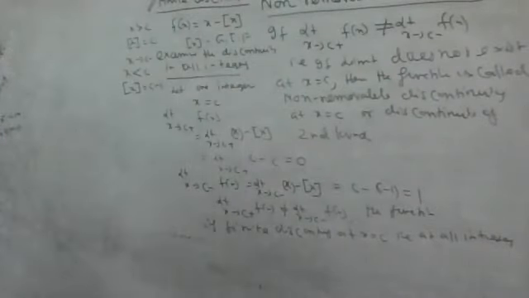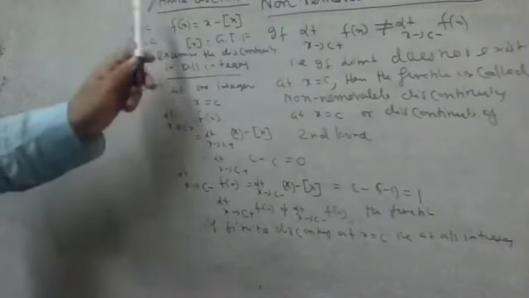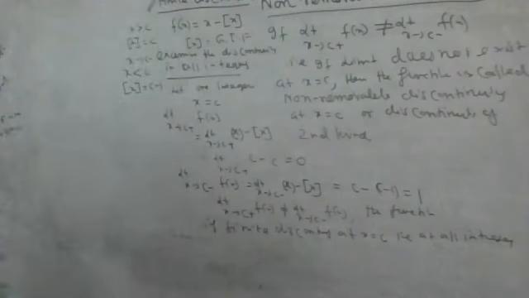Just go through it at a glance. This is called finite discontinuity. This is the important, conceptual part. What is finite discontinuity? You have come to know, I think. So I'm going to wrap up now.